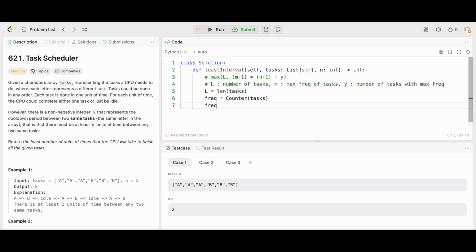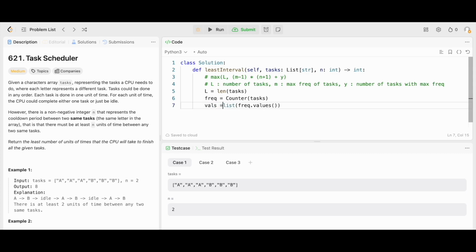So if we look at all the values of this dictionary, we'll be able to get all the frequencies. So let's convert it into a list.